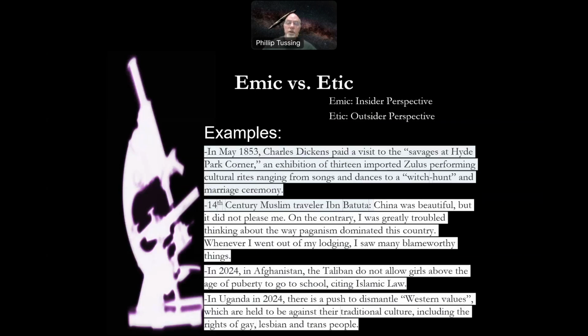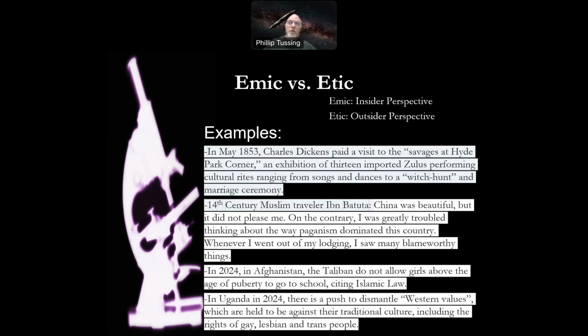And here we see several examples. One is of Charles Darwin, who is, of course, a Victorian British scientist who had a particular perspective around the rest of the world and the culture available to people in the rest of the world.